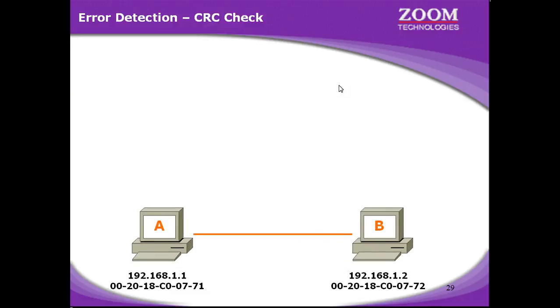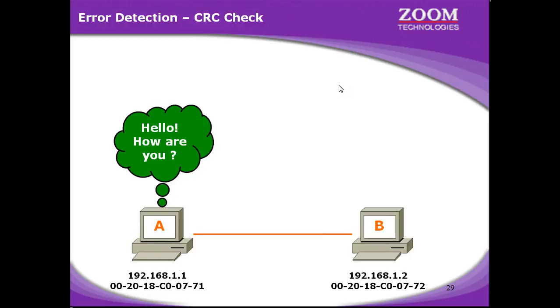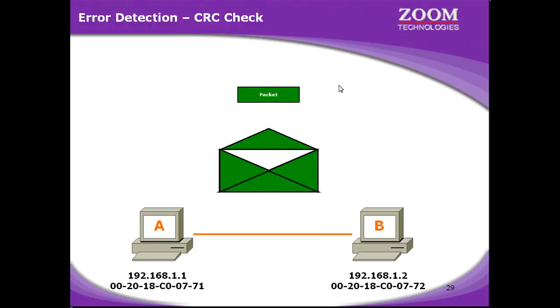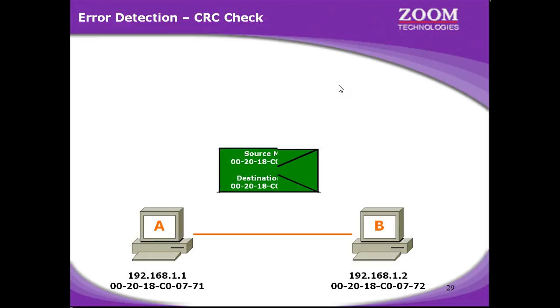Here you can see the error detection example. Error detection is also called CRC, cyclic redundancy check. In the PPT, the source MAC address and destination MAC address are written, not the IP address, it is a MAC address.